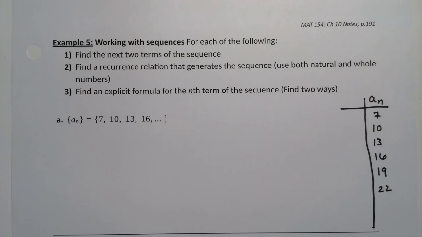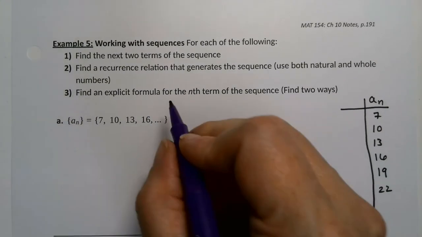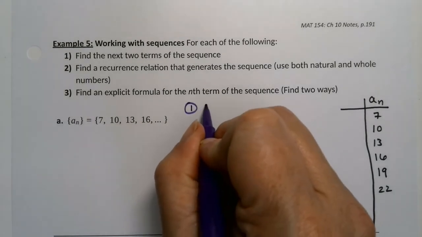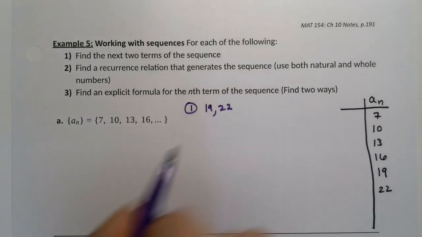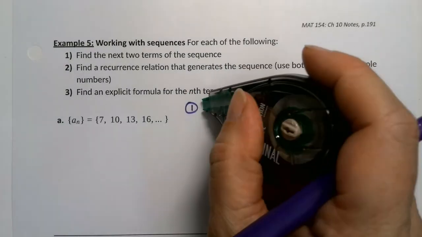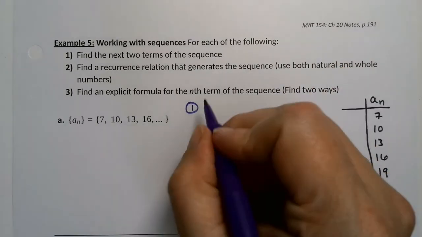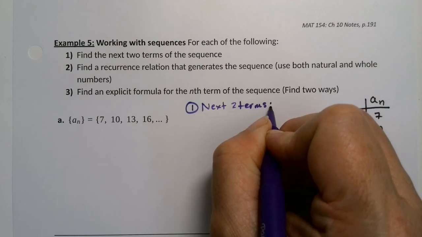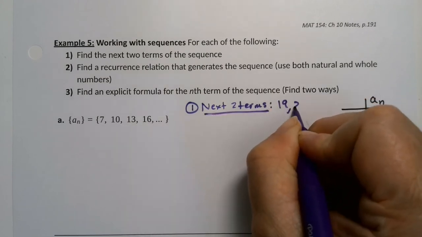So there's your answer for part 1. So part 1, 19 and 22 are the next two numbers. Actually, let me label them, because otherwise it's just two numbers sitting there, and if you go back to this page you'll wonder what you were doing. There we go.